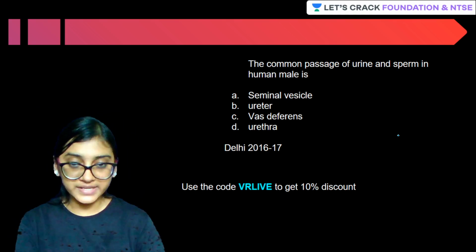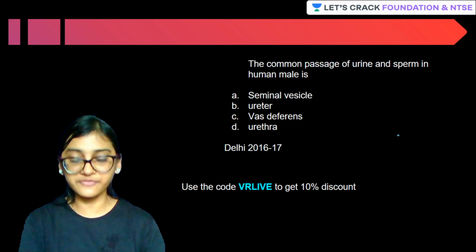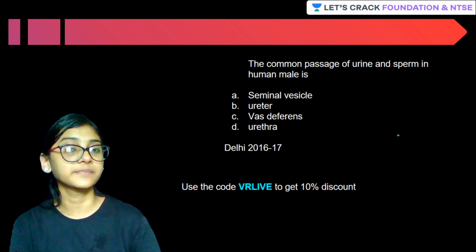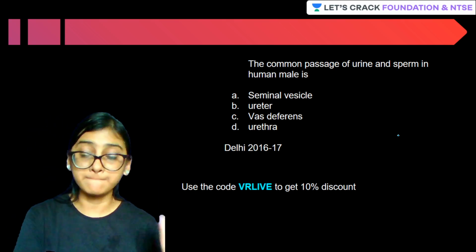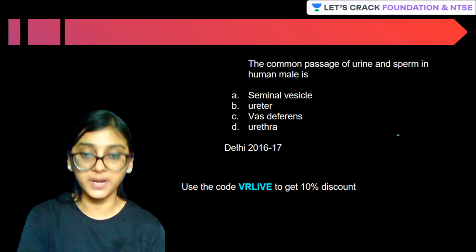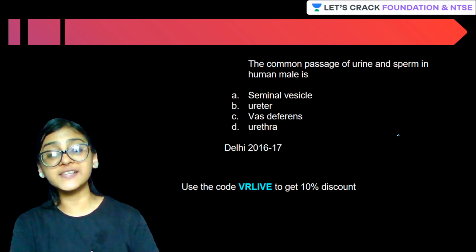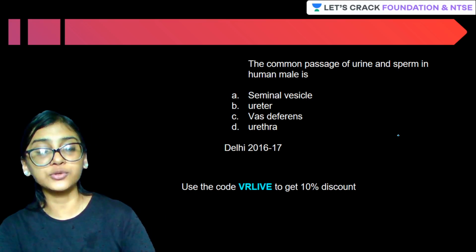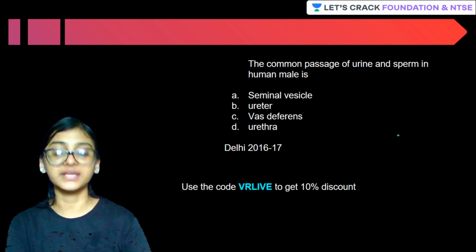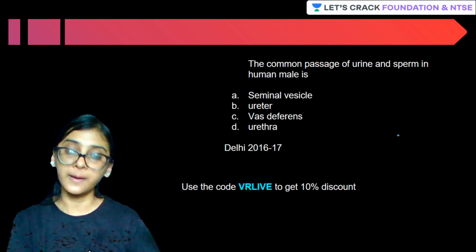So my dear students, vas deferens and seminal vesicle are exclusively part of the human male reproductive structure. But ureter and urethra are present in both male and female. Ureter carries urine in both.